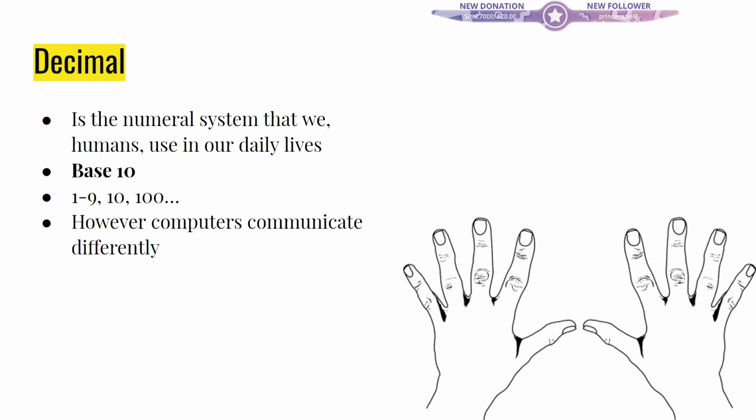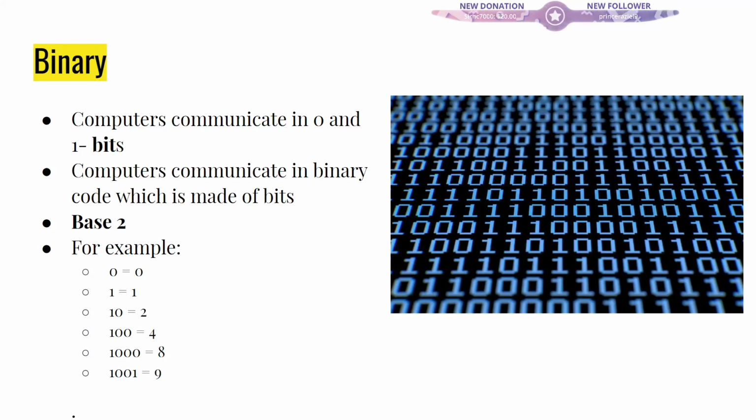However, computers don't work that way, and for a computer to understand decimals is quite difficult. So computers use binaries, and binary works quite differently. Computers operate on bits, and bits are numbers of 0 and 1.